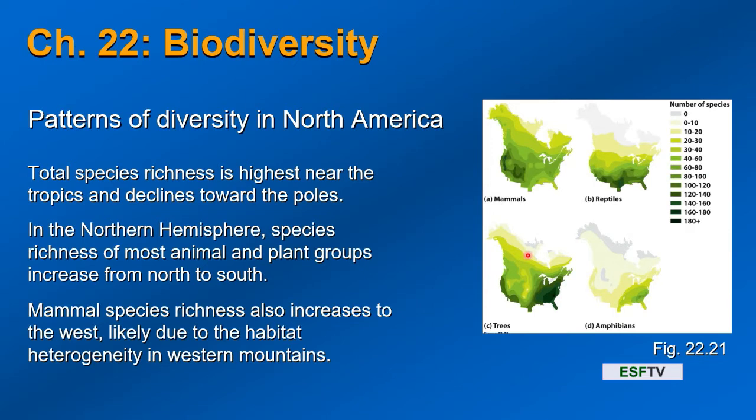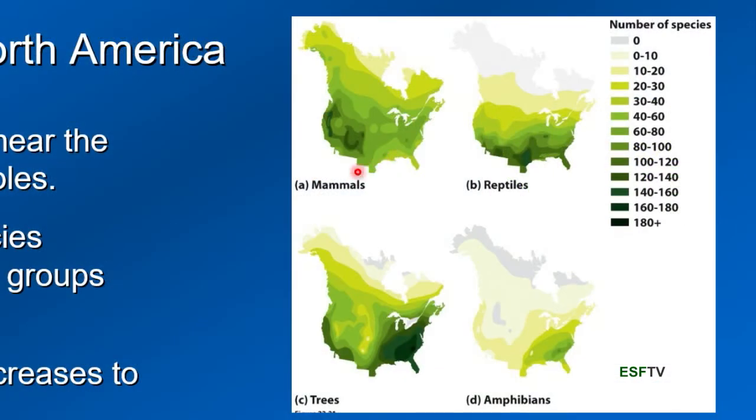And let's see, the other feature here, and you can see that in this panel A, is that for mammals and reptiles and things, you actually get increases as you move east to west. There's more diversity. Not so much for amphibians, not as much for reptiles, but mammals, trees. Well, trees are pretty high here. It's really the mammals.